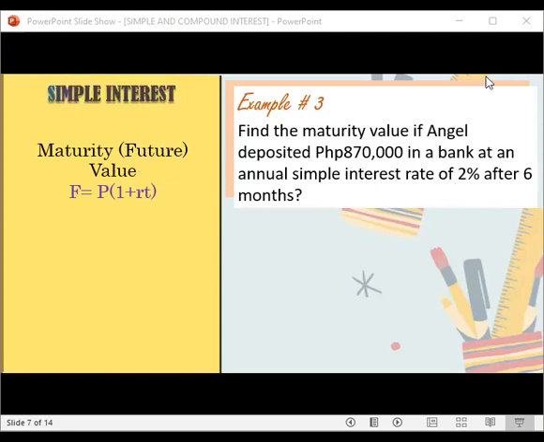So, step number 1 is identify the given. So, ano ba yung given na meron tayo? Una is the 870,000 pesos. So, it is our principal.